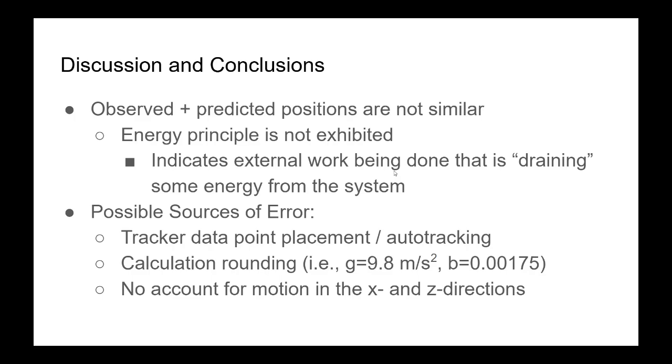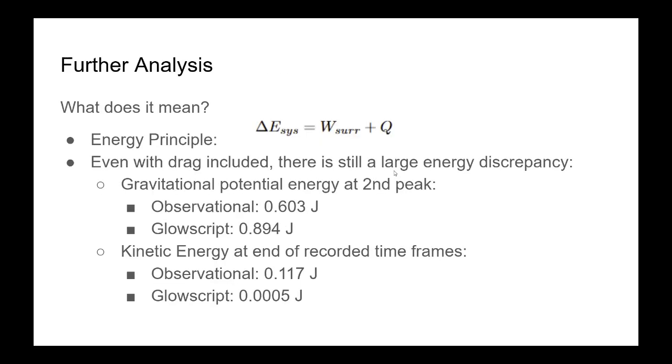Some possible sources of error that could contribute could be tracker data placement being off, as well as calculation rounding and not accounting for the motion in the left and right or forward and backward directions. So we only assume it moves up and down. So what does this mean? Well, according to the energy principle, there must be some sort of surrounding work being done.